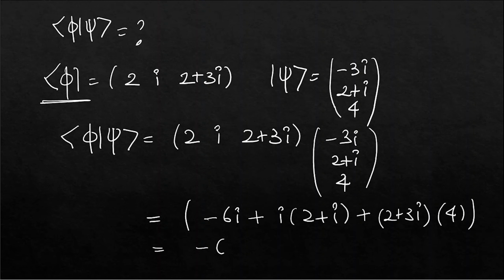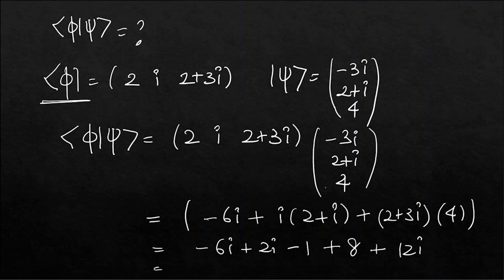If we open all, iota into iota, iota square is minus 1, plus 2, 4 twos are 8 and then 12 iota. So our answer comes out to be 7 plus 8 iota. So this is the scalar product.